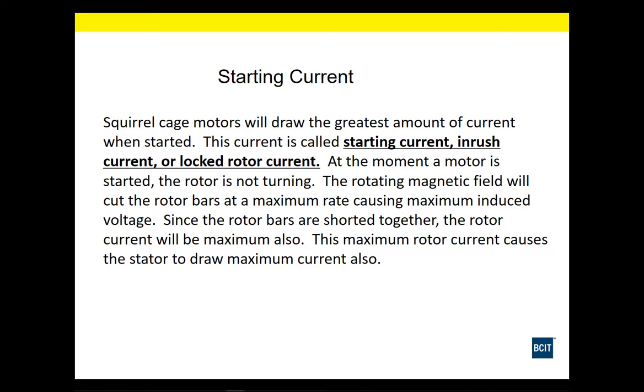The rotating magnetic field will cut the rotor bars at maximum rate, causing the maximum induced voltage. Since the rotor bars are shorted together, the rotor's current will be a maximum also. This maximum rotor current causes the stator to draw maximum current as well, causing a significantly high inrush current.